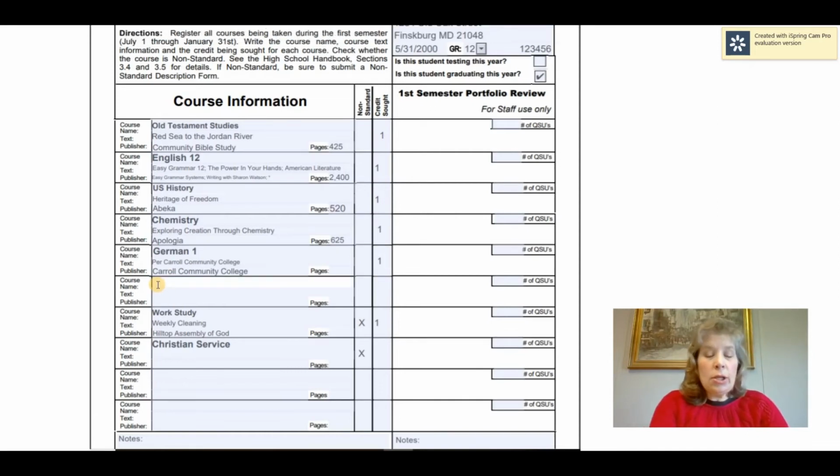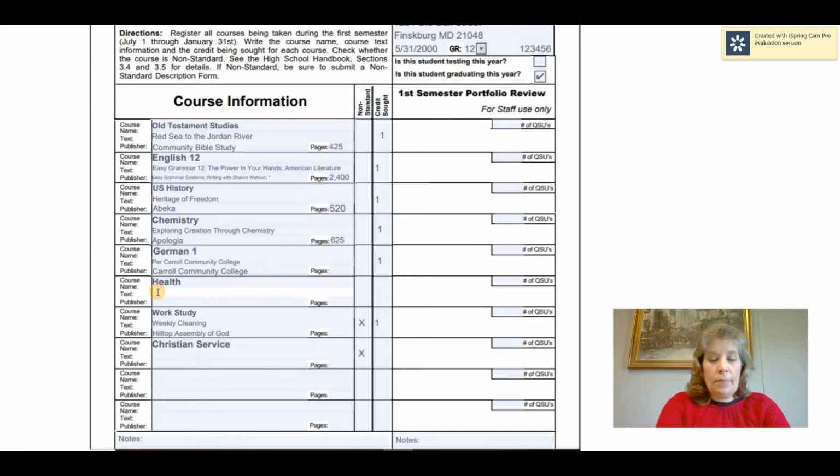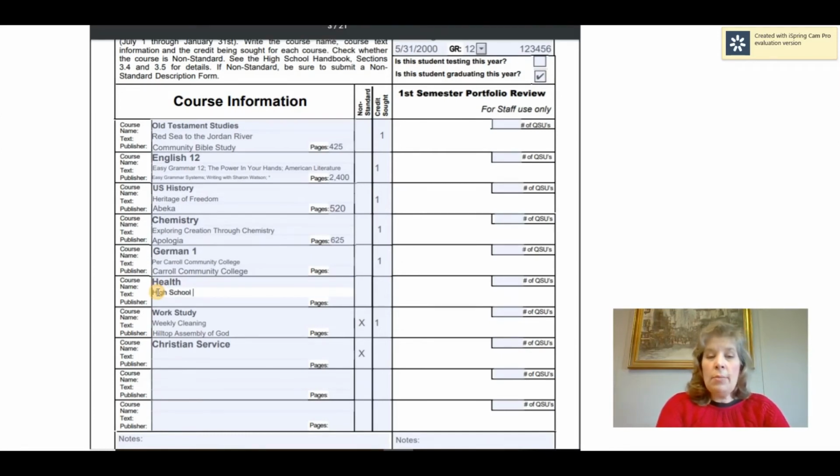The last core course that Josh is taking first semester is High School Health. The text name is High School Health, and the publisher is Alpha Omega.